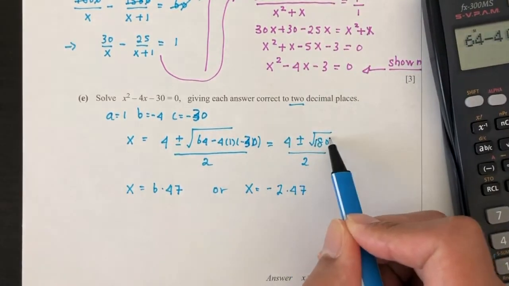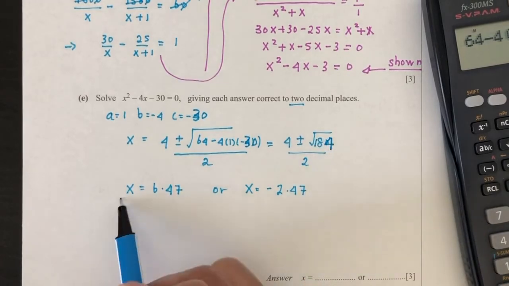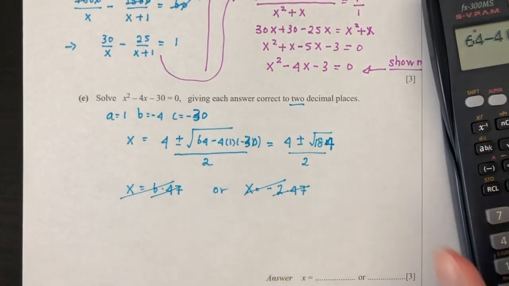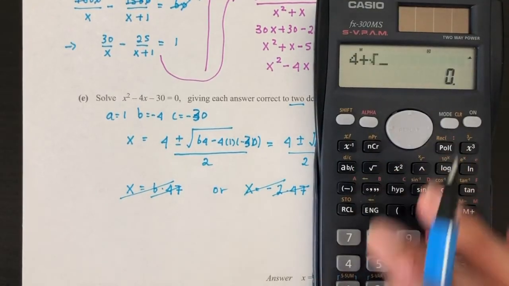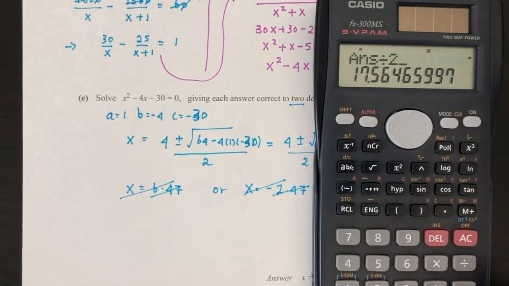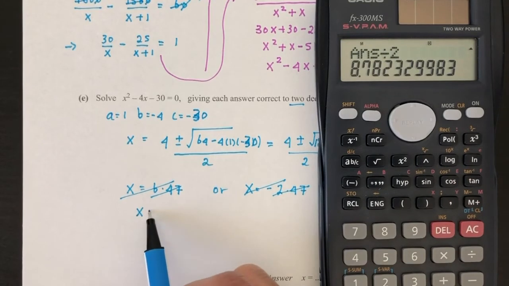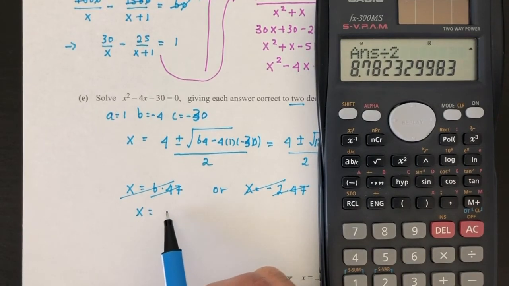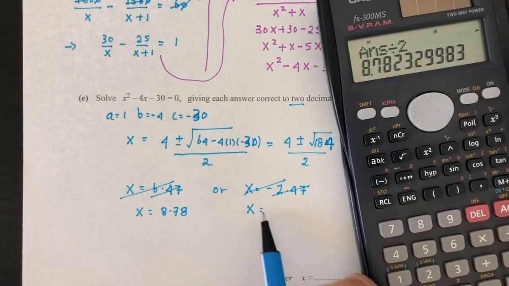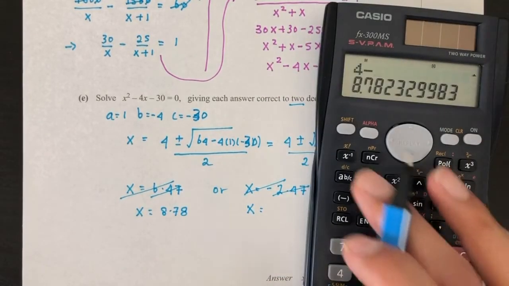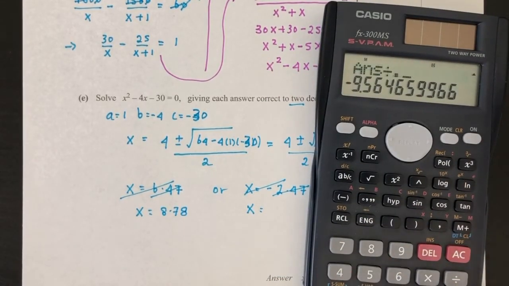Now these two will be wrong, obviously. So let's replace again. 4 plus root of 184, divided by 2. x will be 8.78. Or x can be 4 minus root of 184, divided by 2.